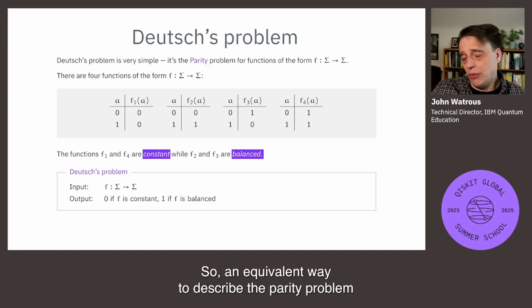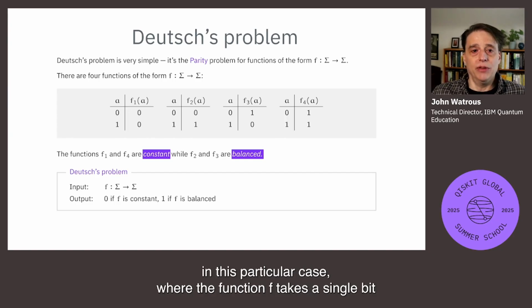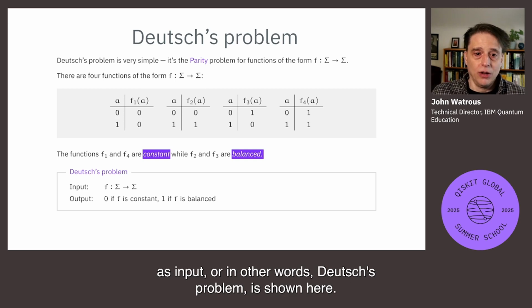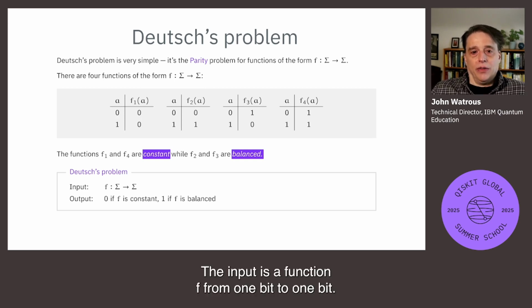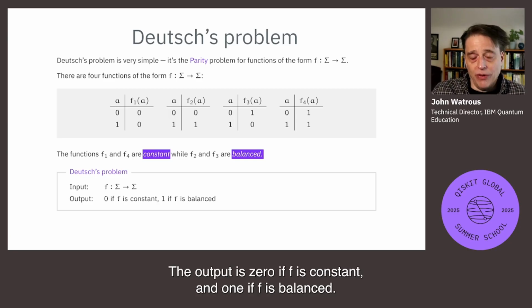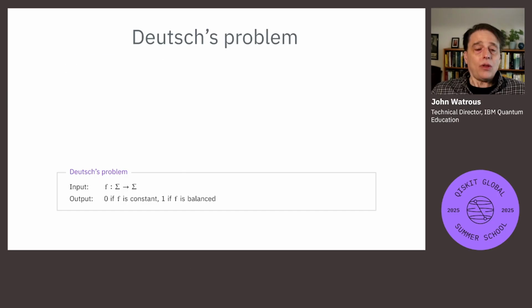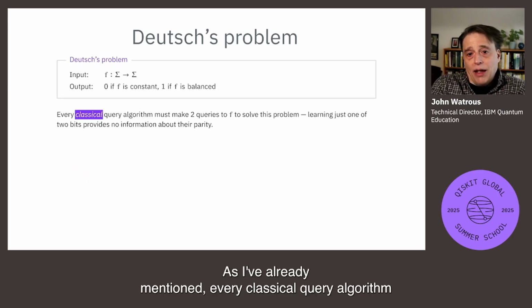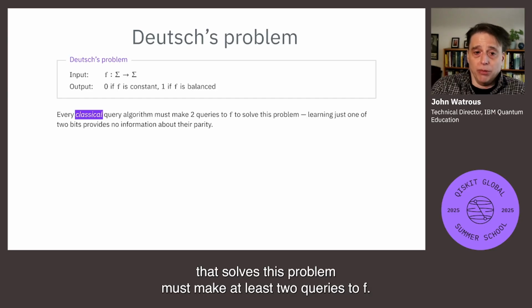So, an equivalent way to describe the parity problem in this particular case, where the function f takes a single bit as input, or in other words, Deutsch's problem, is shown here. The input is a function f from 1 bit to 1 bit. The output is 0 if f is constant, and 1 if f is balanced. As I've already mentioned, every classical query algorithm that solves this problem must make at least 2 queries to f.